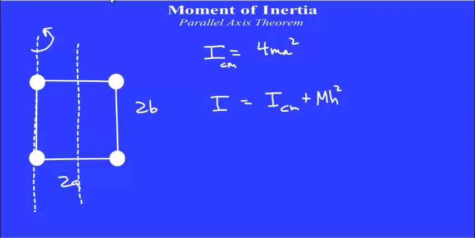So in our case, the distance between these two is a. So the new moment of inertia of this system is going to be 4ma squared, which is our original result, plus 4m, the mass of the system, times another a squared. So it's actually going to be 8ma squared.